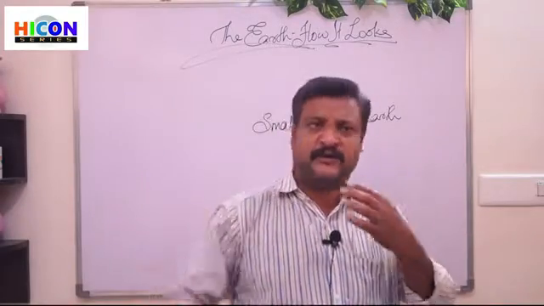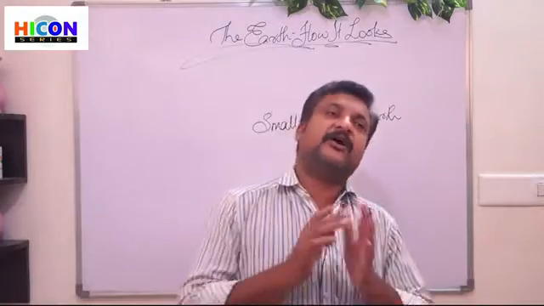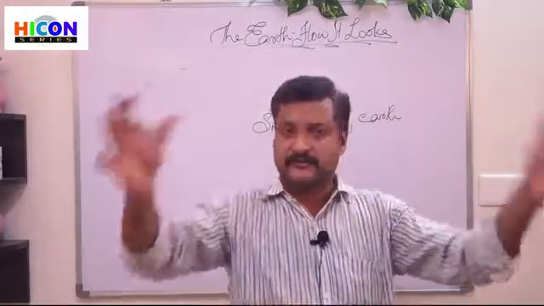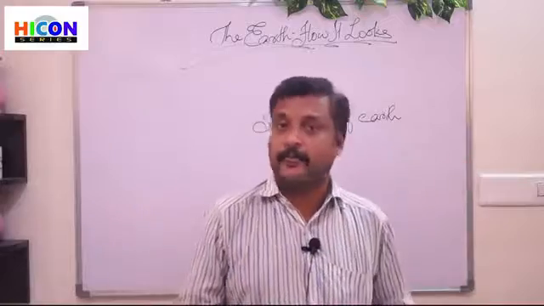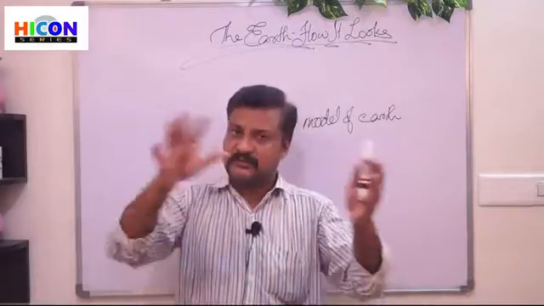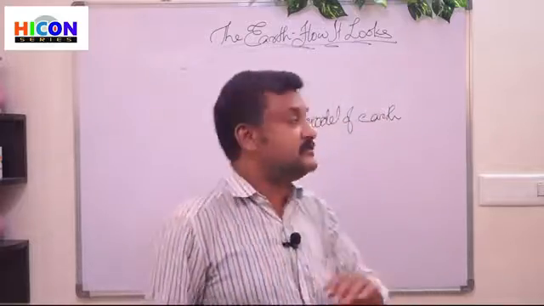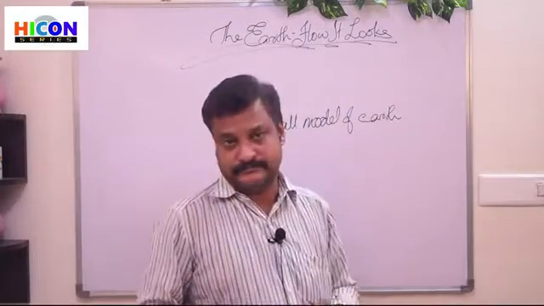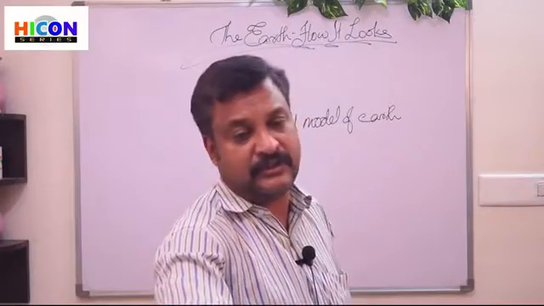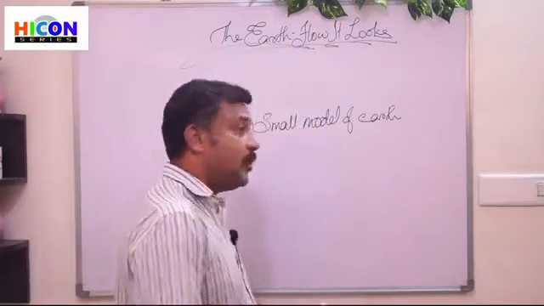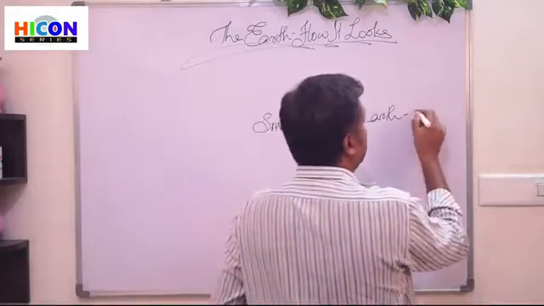And there are other ways also, like collecting the data. So we collected all the data about the surface of the earth, how the surface of the earth looks like, right? We gathered all this data and we printed all these on this small model. And this small model of the earth, which has all the details printed on that, is called a globe.